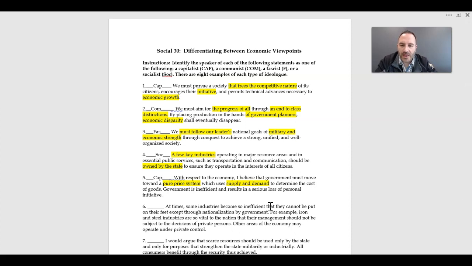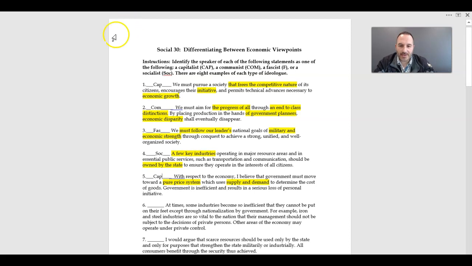Okay, so number 6, at times, some industries become so inefficient that they cannot be put on their feet except through nationalization by government. We're going to highlight the big term, nationalization. For example, iron and steel industries are so vital to the nation that their management should not be subject to the decisions of private persons.